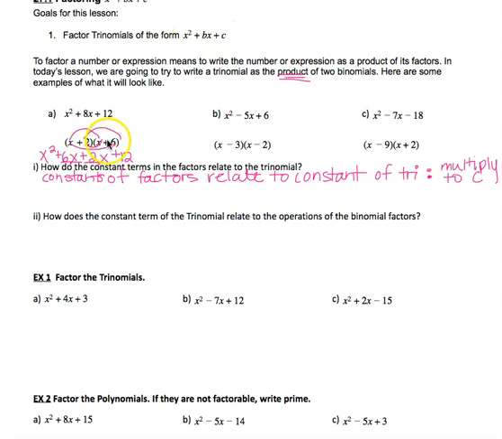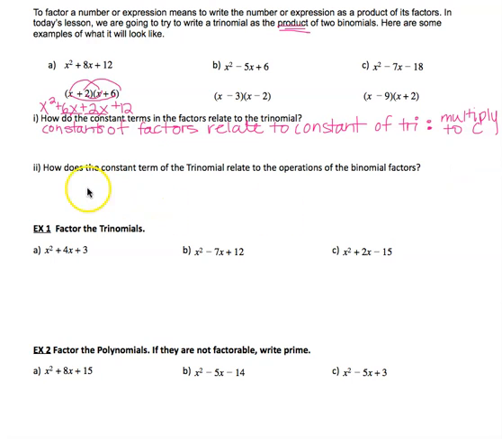So the numbers in the factors, all of these multiply to c. So 2 times 6 is 12. Negative 3 times negative 2 is positive 6. Negative 9 times positive 2 is negative 18. So this is true for all of them. The two constants in your factored form multiply to c.